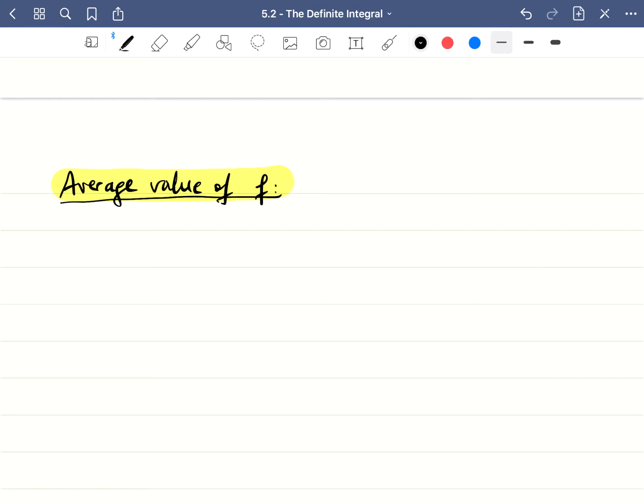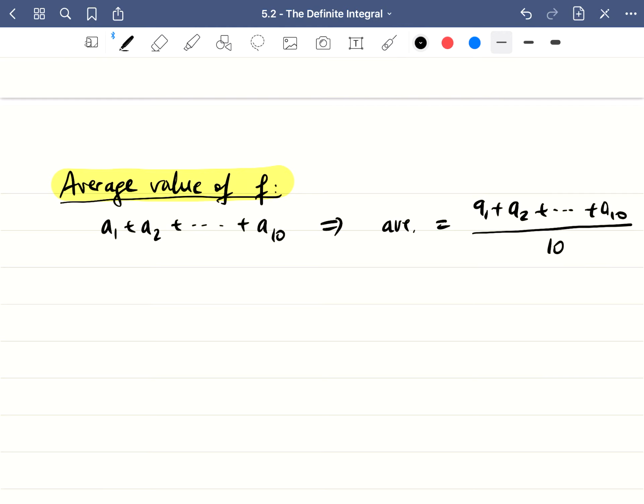Now, if you have a bunch of numbers, the average of those numbers is just adding them up and dividing by the number of values you have. So for example, if you have a1 plus a2 up to, let's say, a10, then the average is a1 plus a2 up to a10, all divided by 10, right? Now, how do you do this for functions? So what about functions?